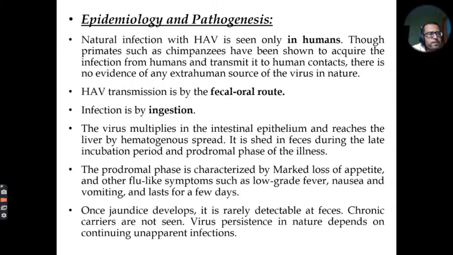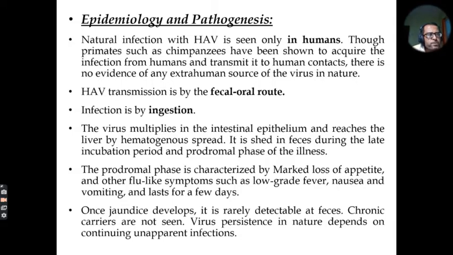Now, the transmission of this virus mainly takes place through the fecal oral route. Fecal oral route means that when we drink contaminated water, water contaminated with hepatitis A virus, it can become a source and be transferred through the fecal oral route.